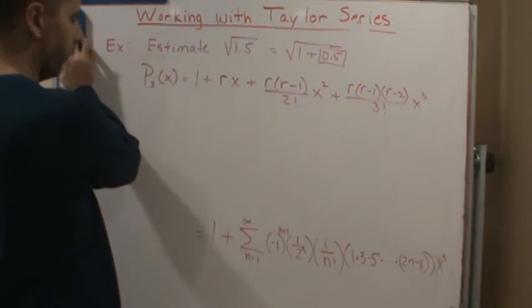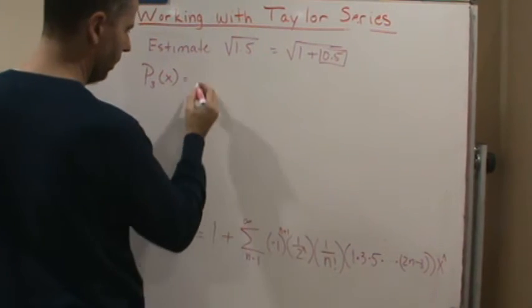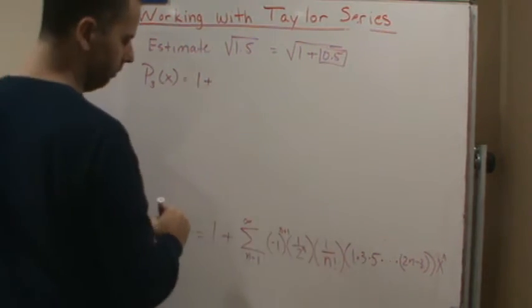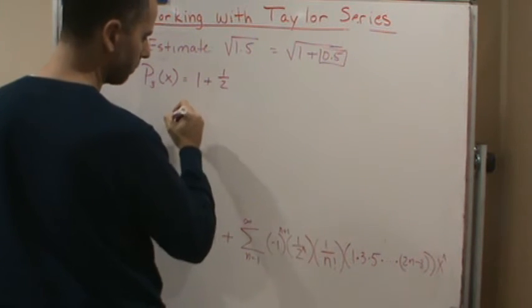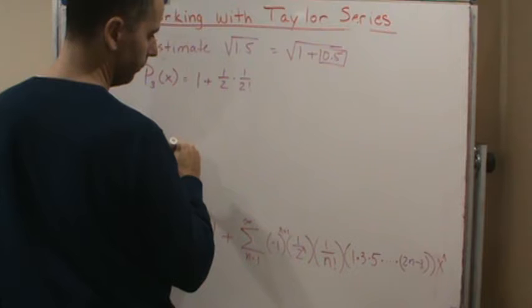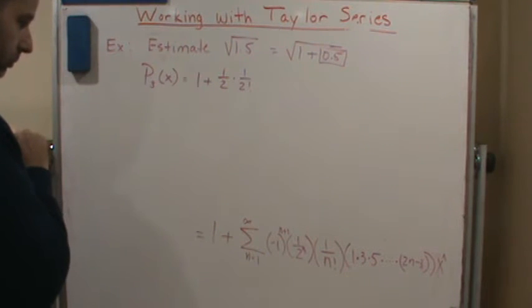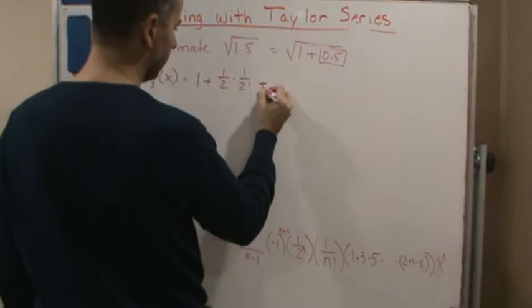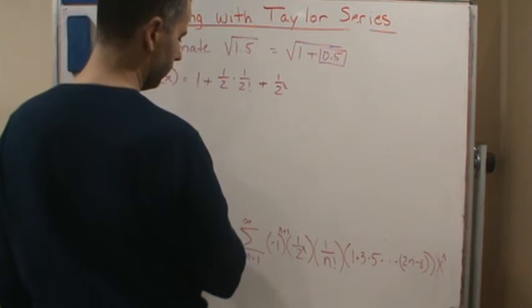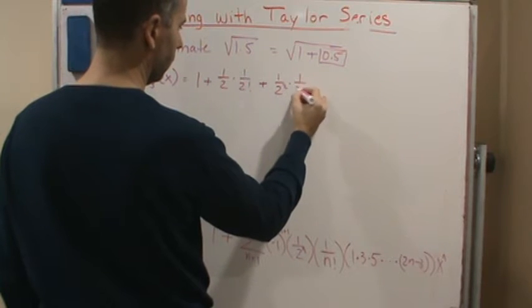Right? So again, we could use the pattern here, and it's going to give us 1 plus 1/2 times 1 over 2 factorial, times 1. Hold on a second.